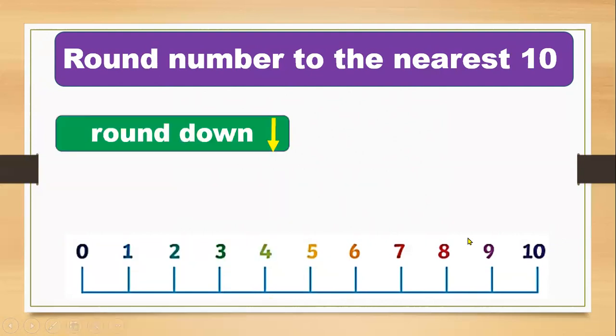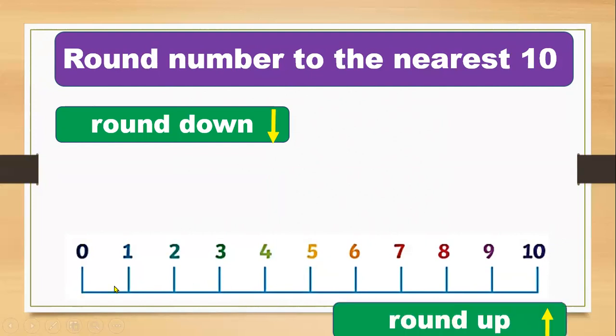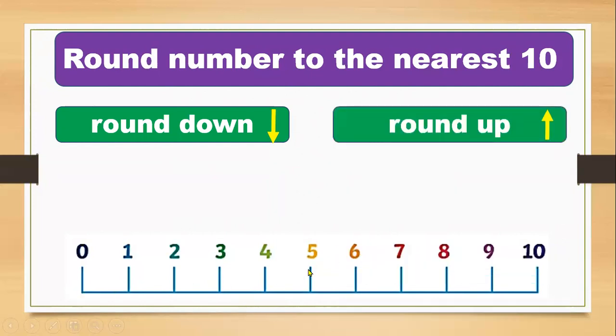So here are the two words: round down on this side, and round up from 5 onwards. And this is the midpoint. When you round any number, you have to find the midpoint. After that you can decide whether you should round down or round up. This is like an estimate.